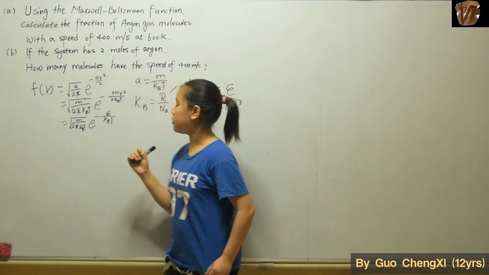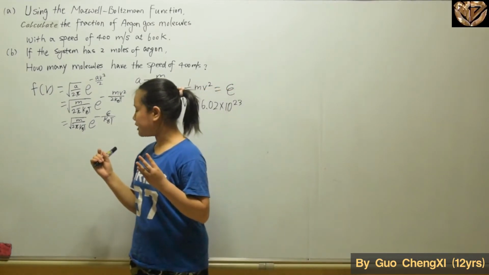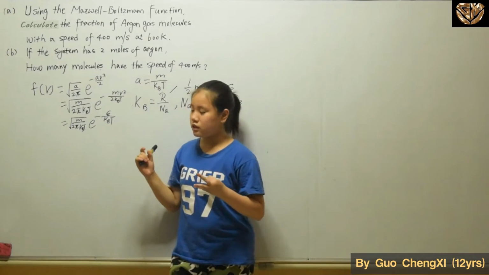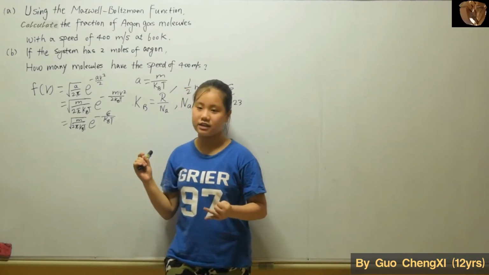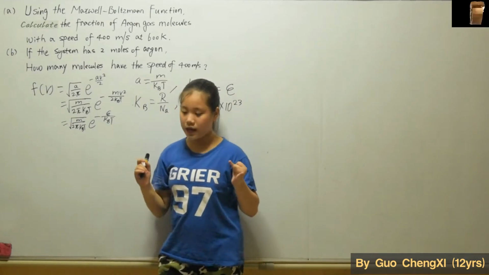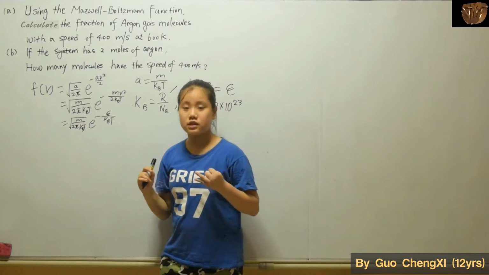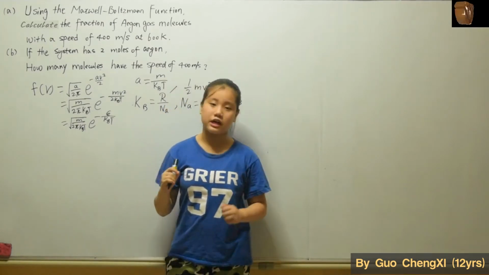First, space is isotropic. Second, gravity is neglected. Third, Vx, Vy, and Vz are independent of each other, basically saying that they do not affect each other.